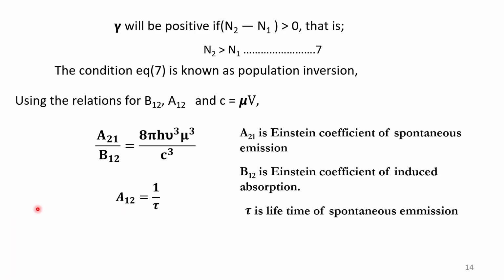One of the relations, the Einstein coefficient of spontaneous emission, we can express in terms of the reciprocal of the lifetime, that is tau. Here tau is the lifetime of spontaneous emission.